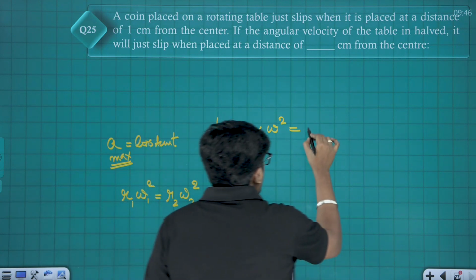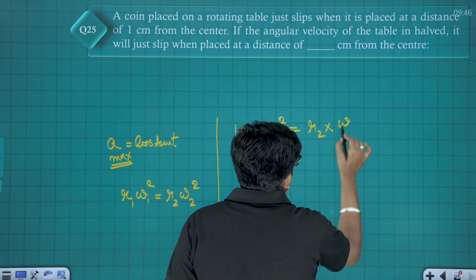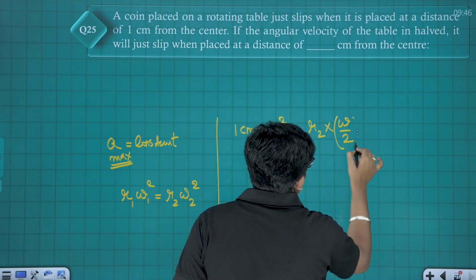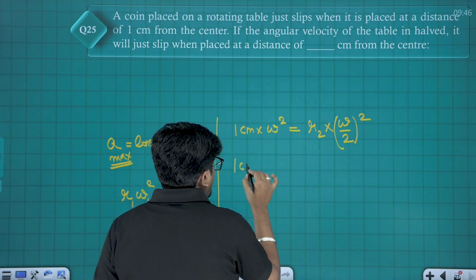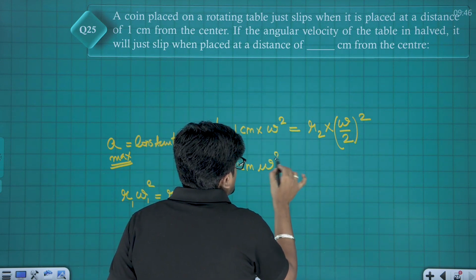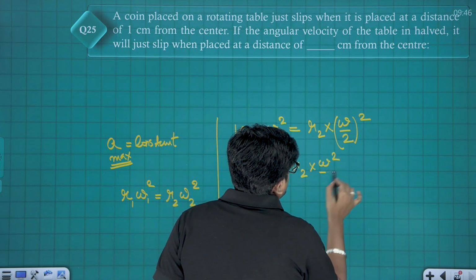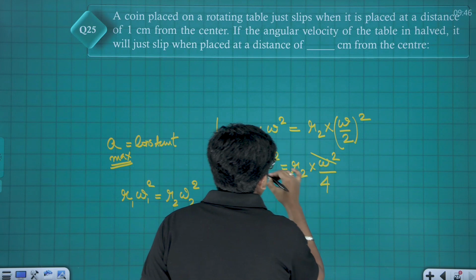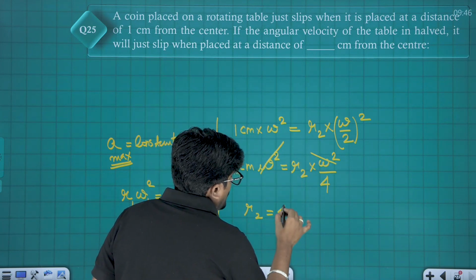So let this be R2 itself, and omega 2 is going to be omega by 2, all square. So this is 1 centimeter into omega square equals R2 into omega square by 4. Omega square and omega square will cancel each other. So now R2 is going to be what?